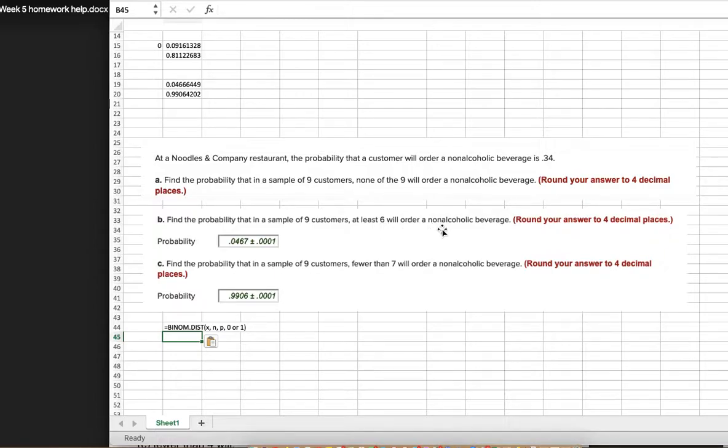We want that probability, but it's easier to get it by just saying, okay, 5 or less. We can do it that way. 5 or less, so 5, 4, 3, 2, 1, 0. Calculate that probability, and the total of all probabilities add up to 1.